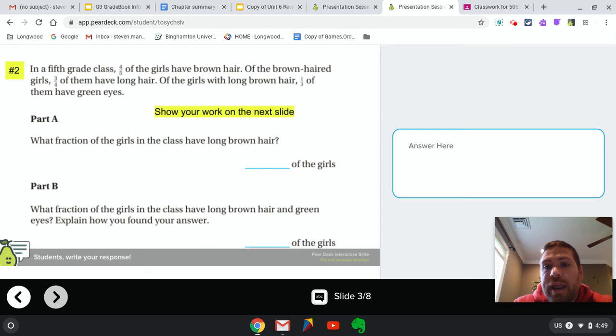All right. When we type in our answer, you could type in, first I had to find out the fractional piece of the girls. I'll type it out for you.